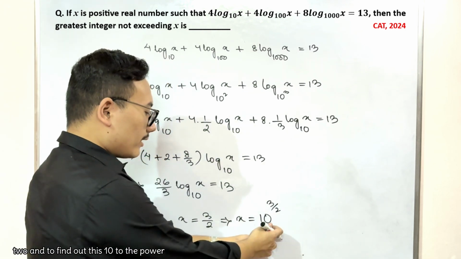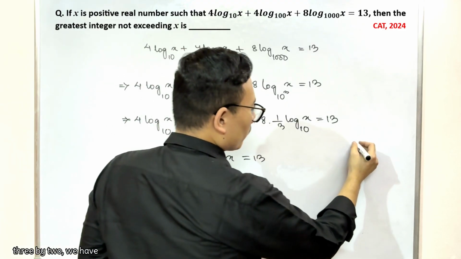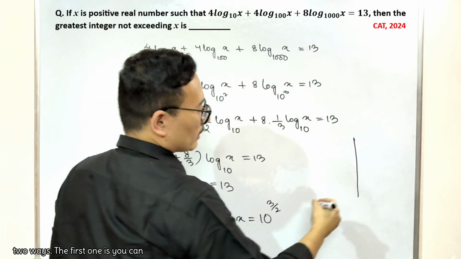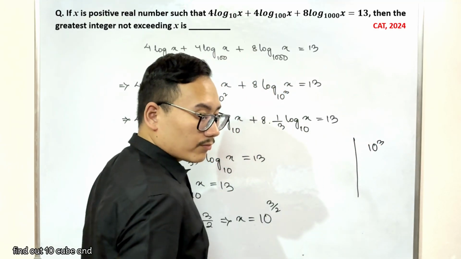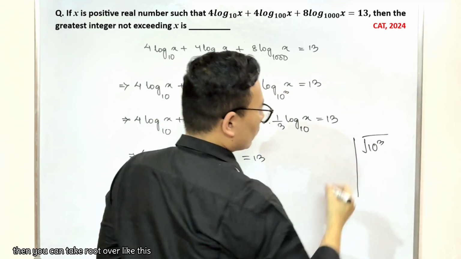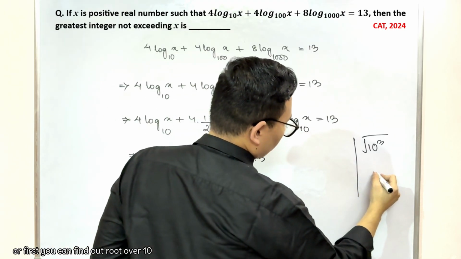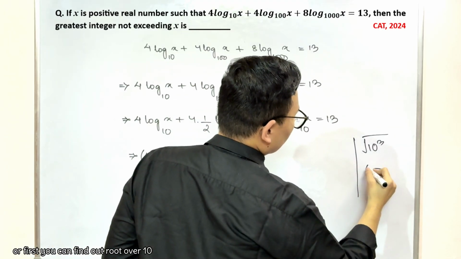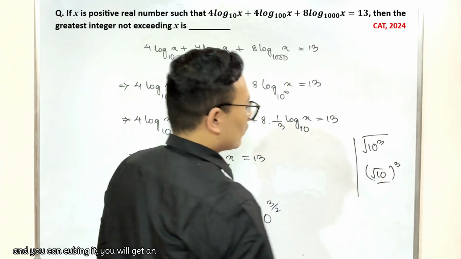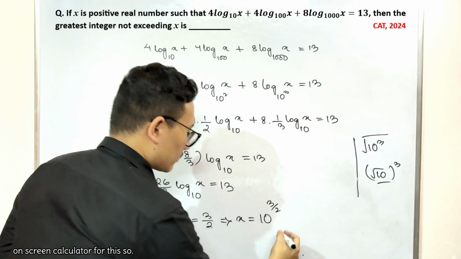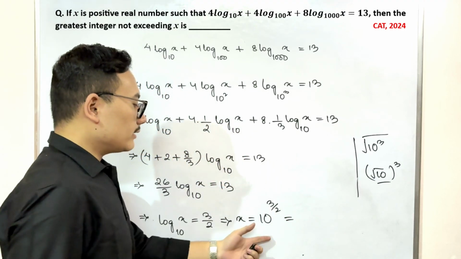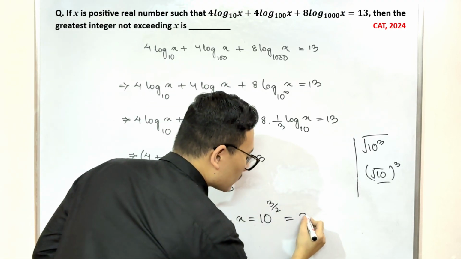And to find out this 10 to the power 3 by 2, we have two ways. The first one is you can find 10 cubed and then take the square root, or first you can find the root of 10 and then cube it, and you will get the answer. But in the exam you can use the on-screen calculator for this.